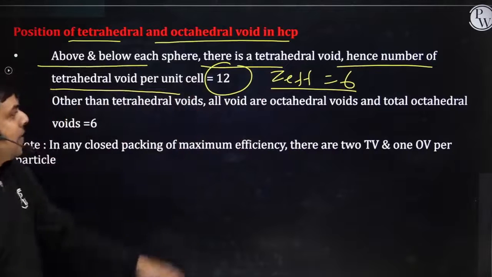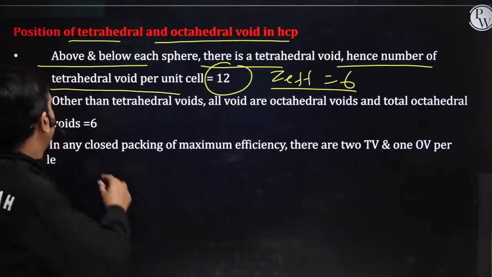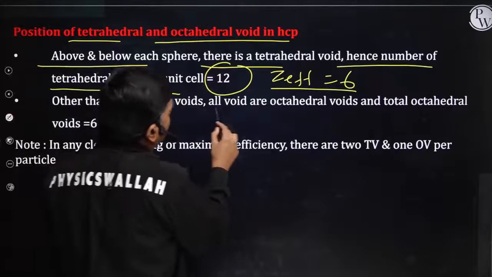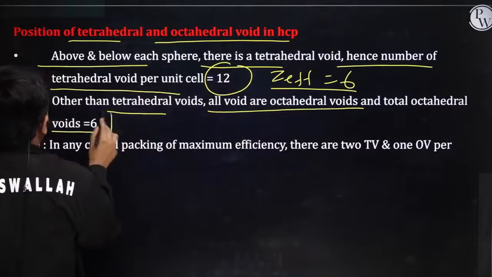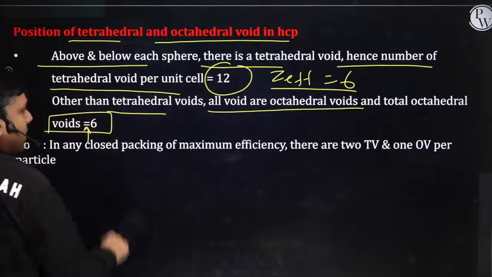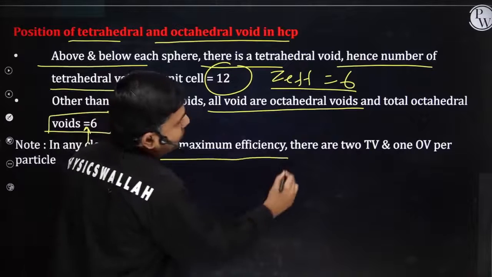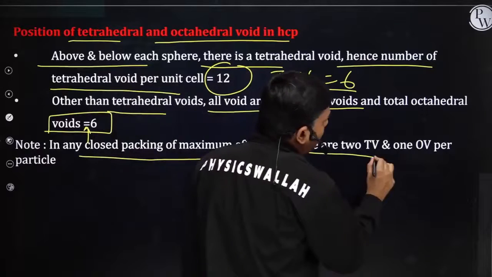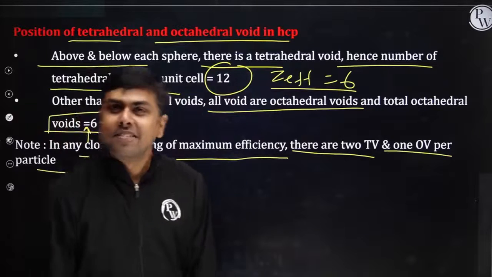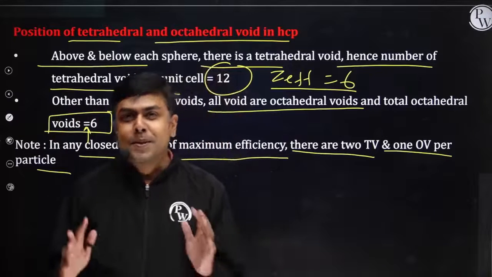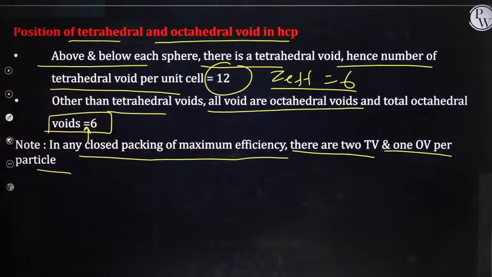So the number of TV is 12 in case of HCP. Other than tetrahedral voids, all the voids are octahedral voids, and the number of octahedral voids is also 6. In any closed packing of maximum efficiency, there are 2 TV and 1 OV per particle, per Z effective. Am I clear? Please copy all these things. Let's move ahead.